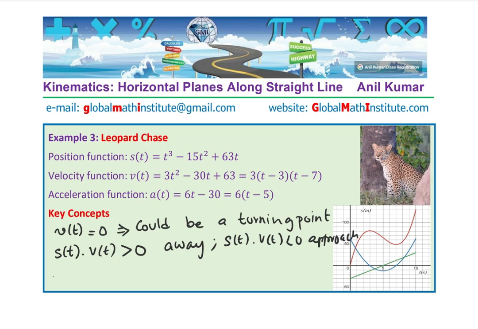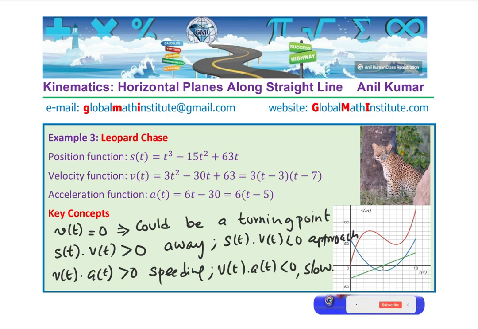The other important product is velocity times acceleration. If that is positive, it means speeding. And if this product of velocity with acceleration is negative, that means slowing down. And from the graph, you can easily see when one is positive, when one is negative, and then figure out the intervals where the object could be speeding or slowing down.